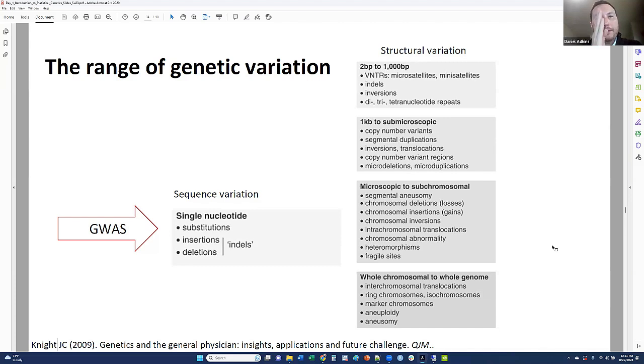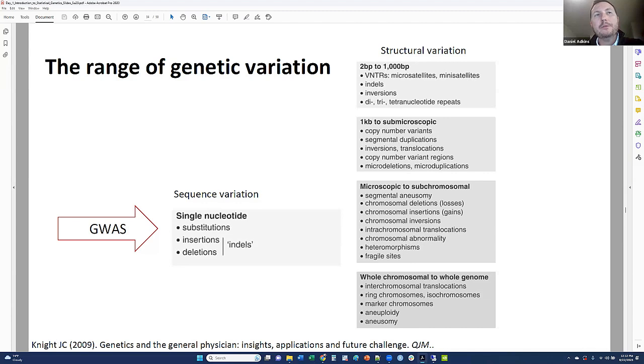We've got these nitrogenous bases, which are essentially the letters that comprise the language of the genome. Each of those we would call a nucleotide. And if we're talking about a single nucleotide, like a single A, C, T, or G, then we would call variation at that level a sequence variation.